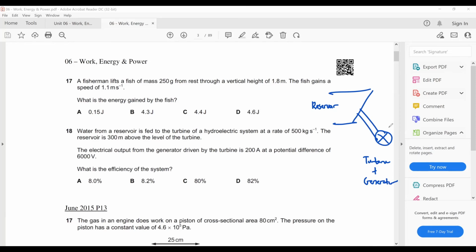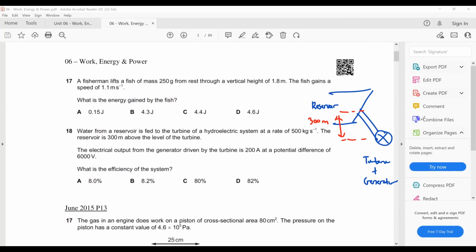So this is what you can see if you try to visualize what's happening. Maybe I draw it here. This is your turbine. Your reservoir is say 300 meters above your turbine connected to your generator.